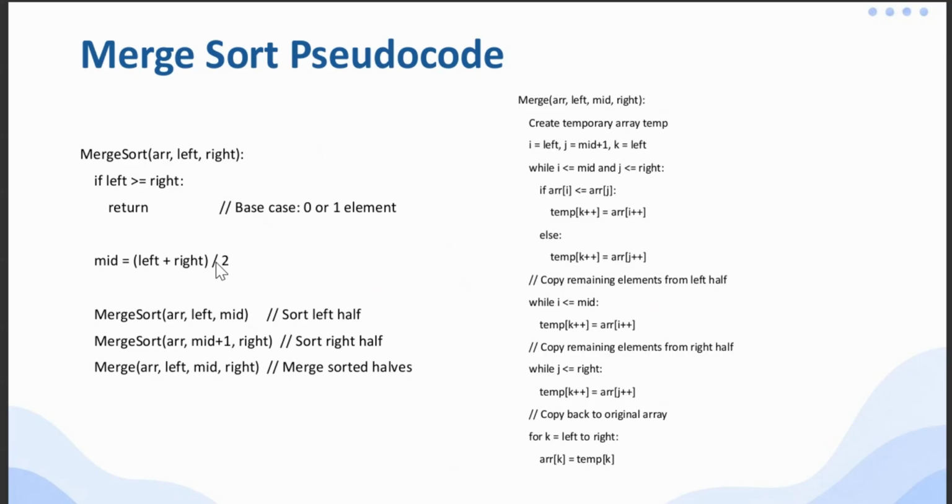So as we discussed earlier in the example, we divide the array into two halves and recursively sort both the halves, right? So that's what this does. Sort the left half, sort the right half, and then we merge it.